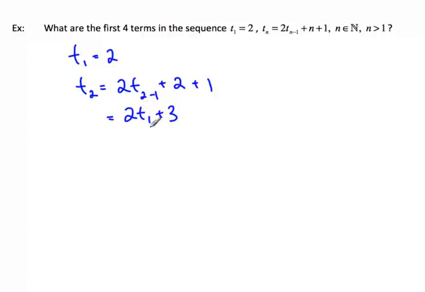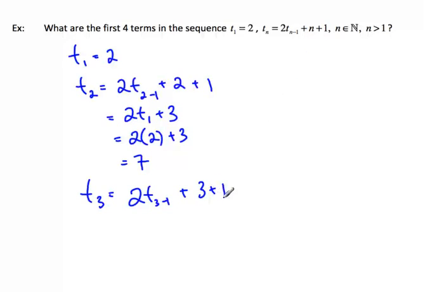Now we need to look up term 1 from before. Term 1 is 2, so that's equal to 2 times 2 plus 3, which is equal to 7. So term 2 in the sequence is equal to 7. Term 3 is going to be equal to 2 times term, we plug 3 in here, we get term 3 minus 1 plus 3 plus 1.